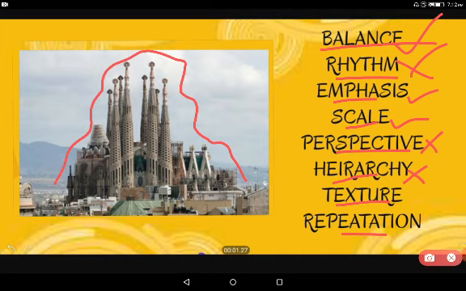When the questionnaire asks about a picture, the thing you select should be throughout the picture. Okay, so texture is not much seen in this, and repetition is also based on the Sagrada Familia in some parts of the building. Okay, so that's the point.